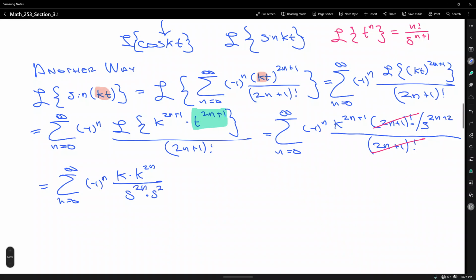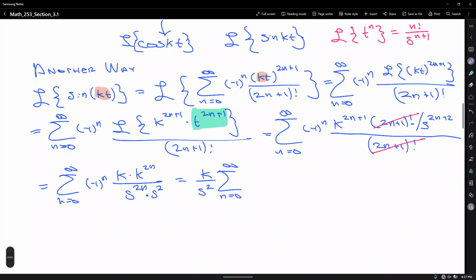The s^(2n+2) goes to the denominator, and I'm writing it as s^(2n) times s squared. Now I'm going to work with the series only. In this case, the variable for the series is n, so I'm going to take everything else outside. So k over s squared goes outside.